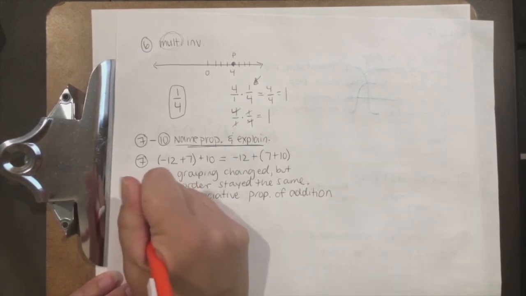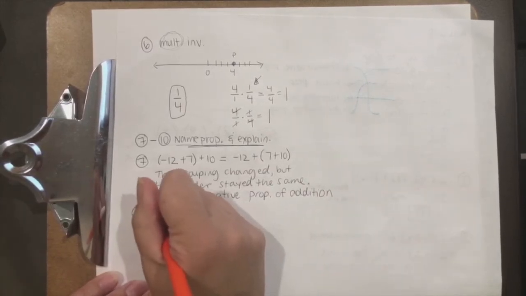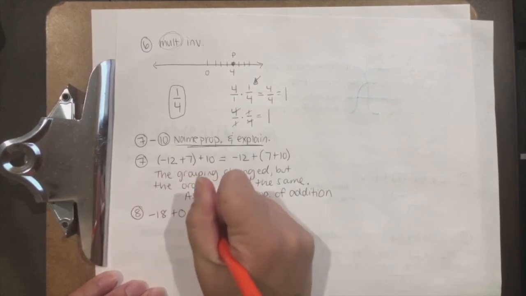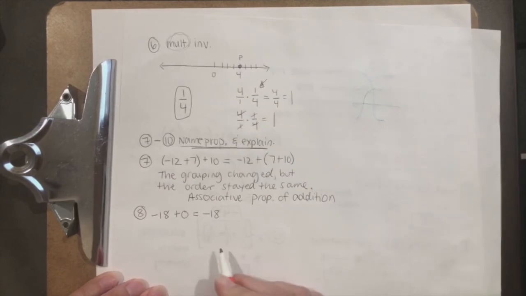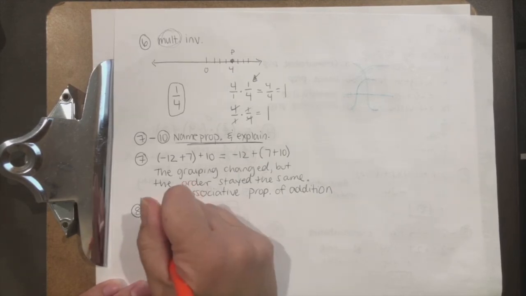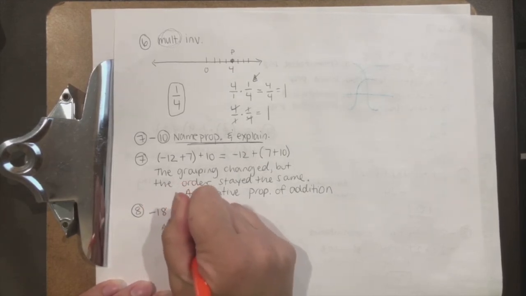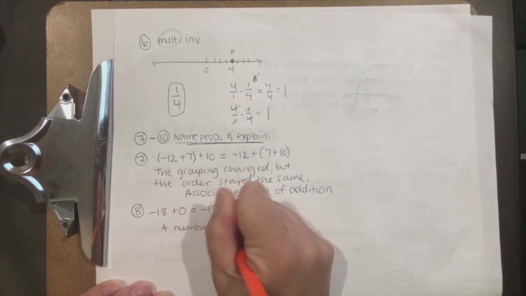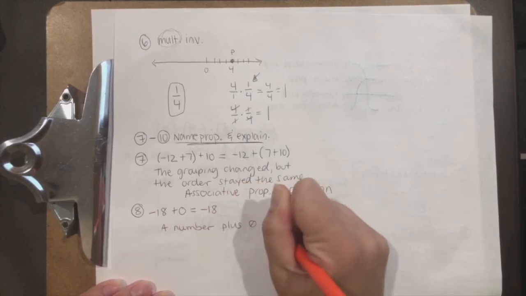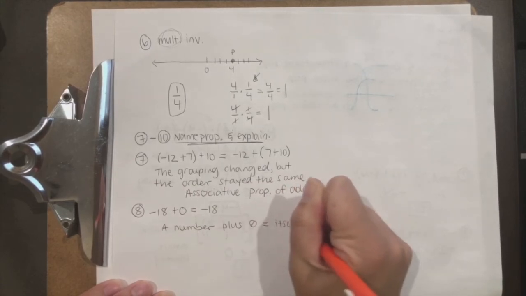Okay, number 8. Negative 18 plus 0 equals negative 18. So a number plus 0 equals itself.